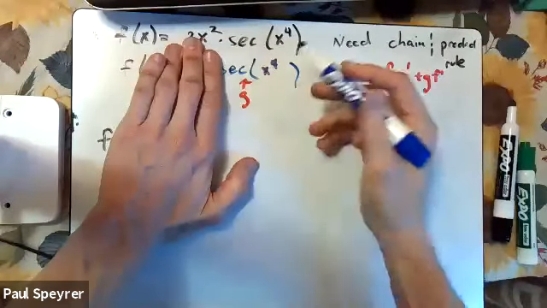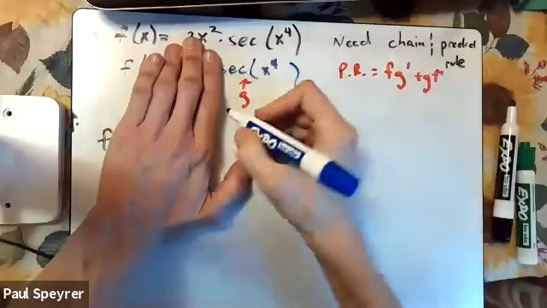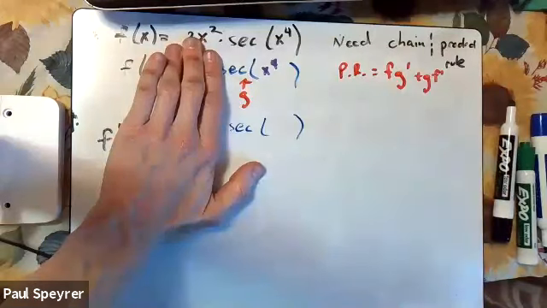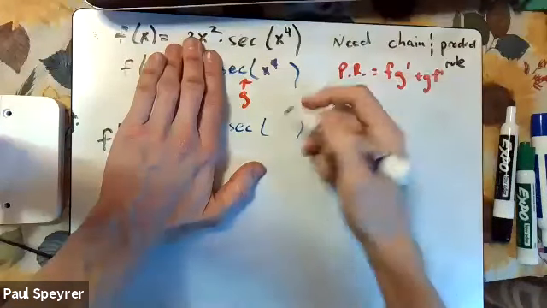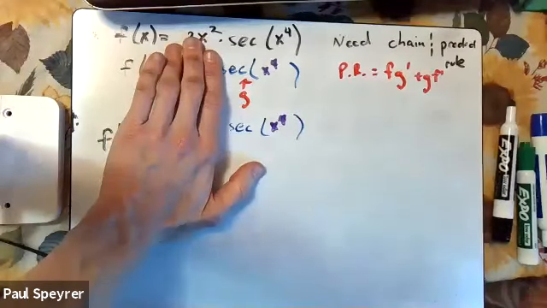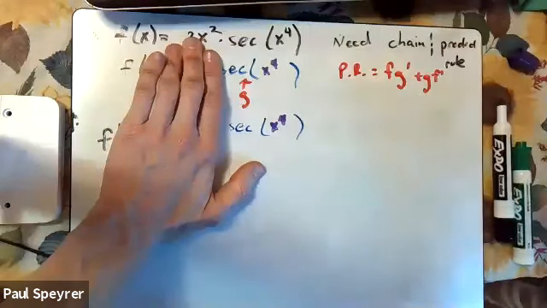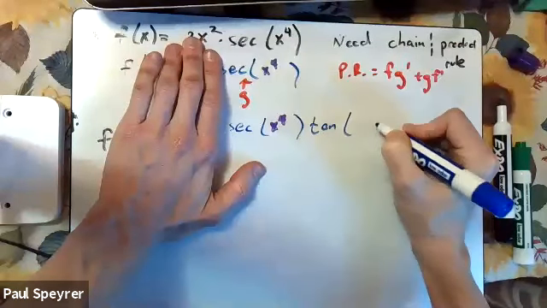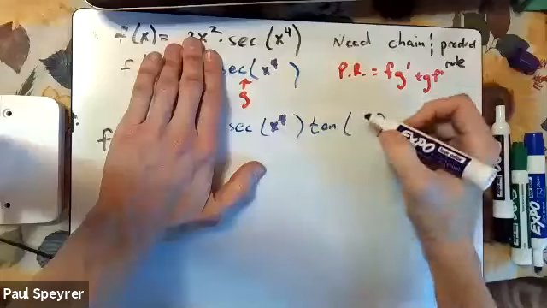But it's not just going to be secant x tan x, it's going to be secant of x to the fourth, and then tangent of x to the fourth.